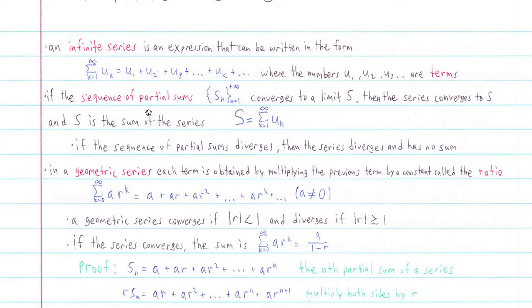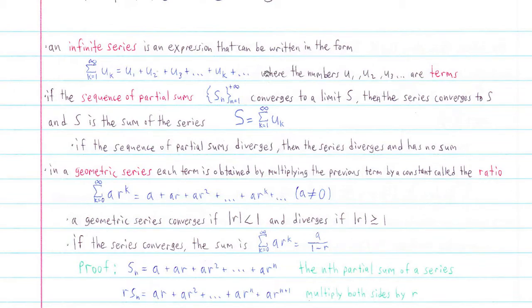So an infinite series is similar to an infinite sequence, except we are adding up all of the terms. In an infinite sequence, the sequence converged if the terms approached a limit. So we're looking at the behavior of the terms as n approaches infinity.